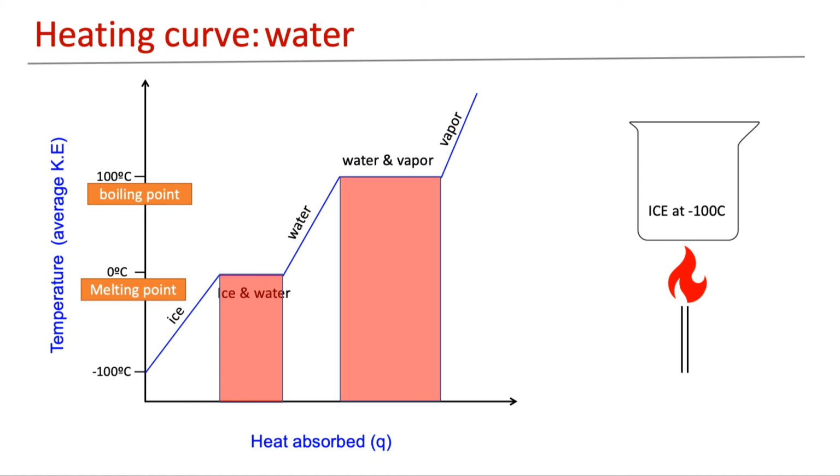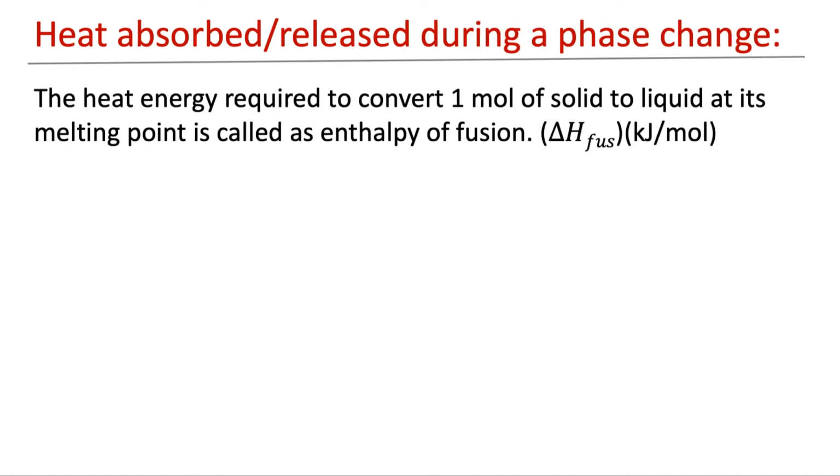And the heat required to convert all the water at 100 degrees Celsius to water vapor at 100 degrees Celsius is called heat of vaporization or enthalpy of vaporization. So, let us now define what enthalpy of fusion and vaporization is.